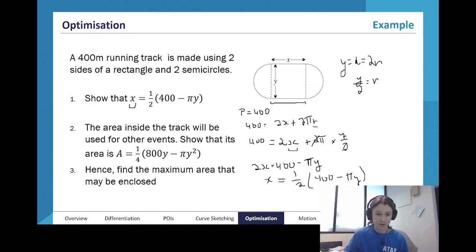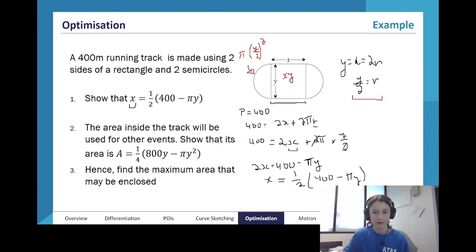So the area of our rectangle is going to be equal to xy, right? Then the area of these two semicircles together is going to be equal to pi r squared, which is going to be pi (y on 2) squared, because our radius is y on 2, remember from the last part of the question.